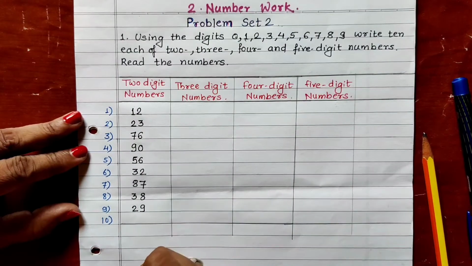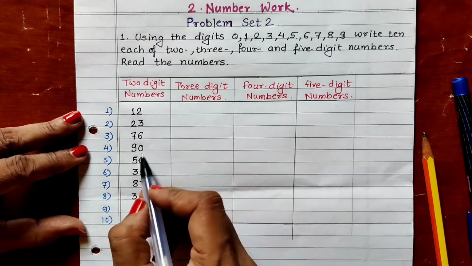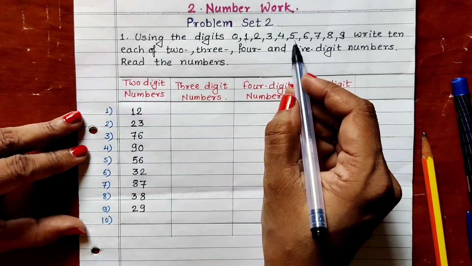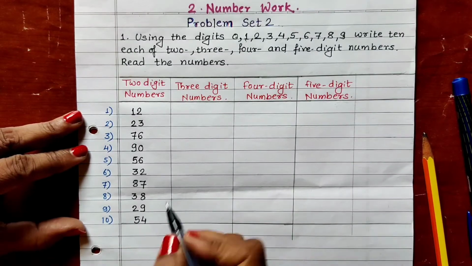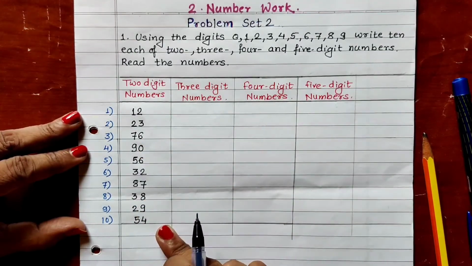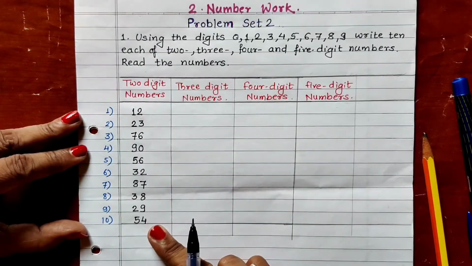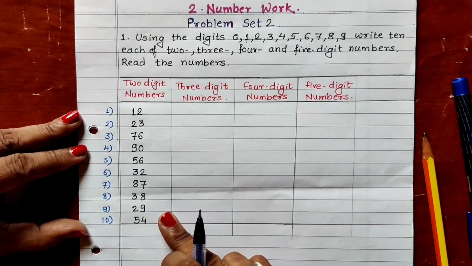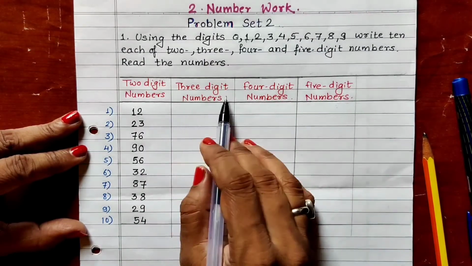I can write 56. 56 has already been written, so I can write 54 also. So in this way, any 10 2 digit numbers we can write. It is not necessary that my answer and your answer should be the same, but you should see that all the numbers are written properly. Now let us write 3 digit numbers.